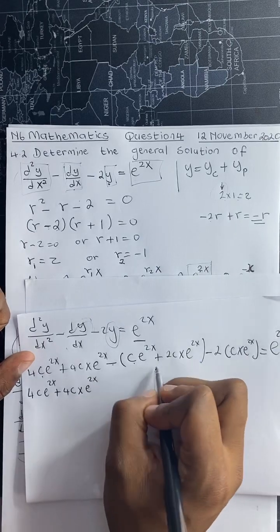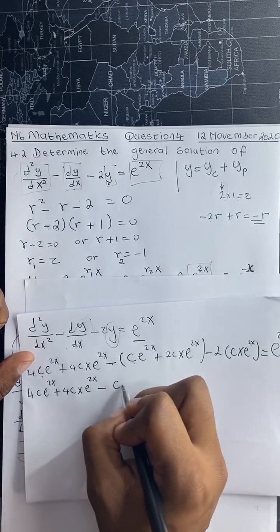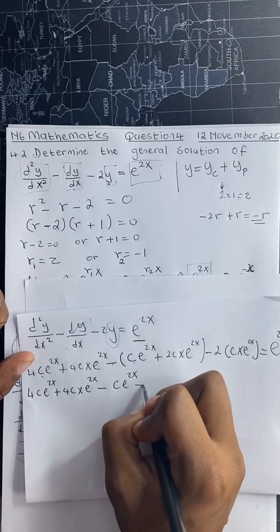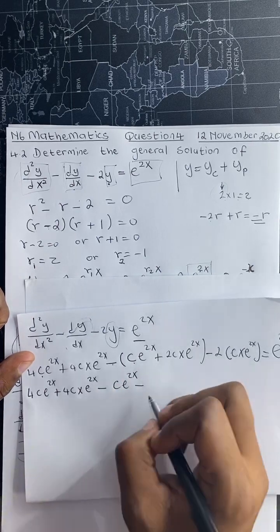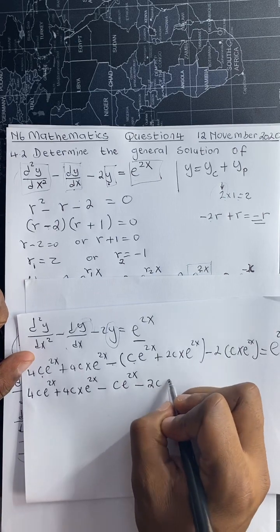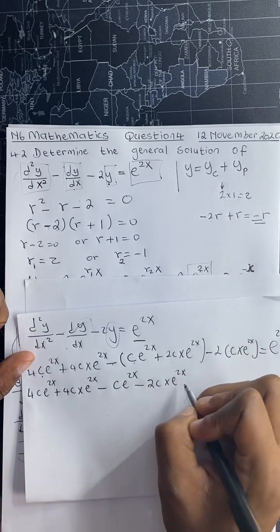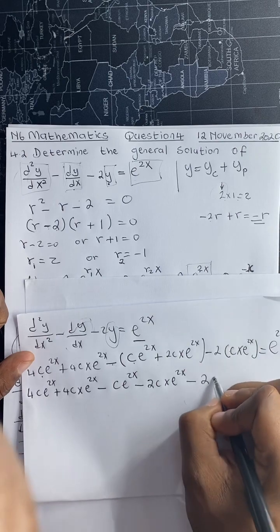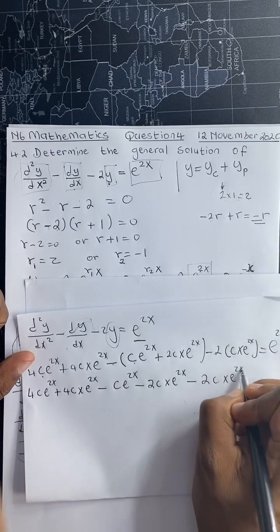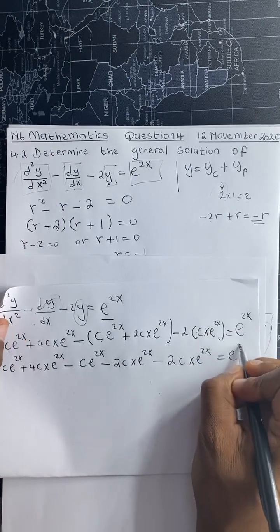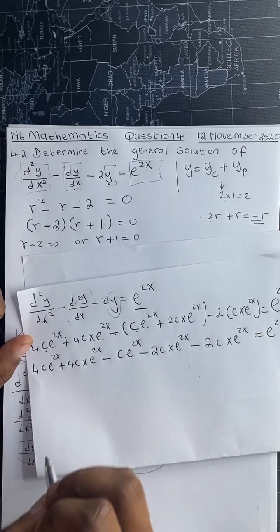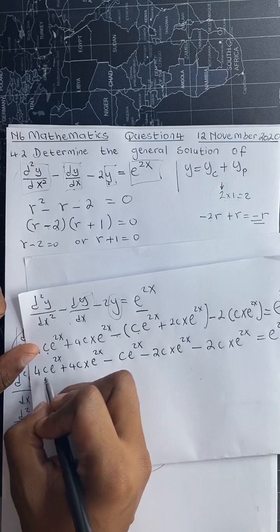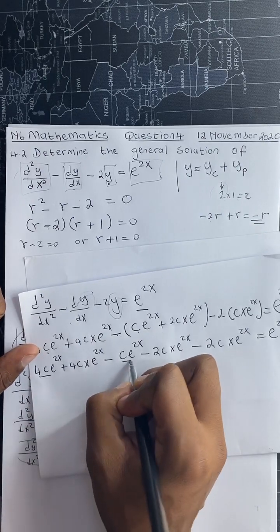So we distribute this negative inside the parentheses. That negative multiplied by that positive will be negative c e raised to the power 2x, and this negative multiplied by that positive will be negative 2cx e raised to the power 2x, minus 2cx e raised to the power 2x is equal to e to the power 2x. So we group the like terms.